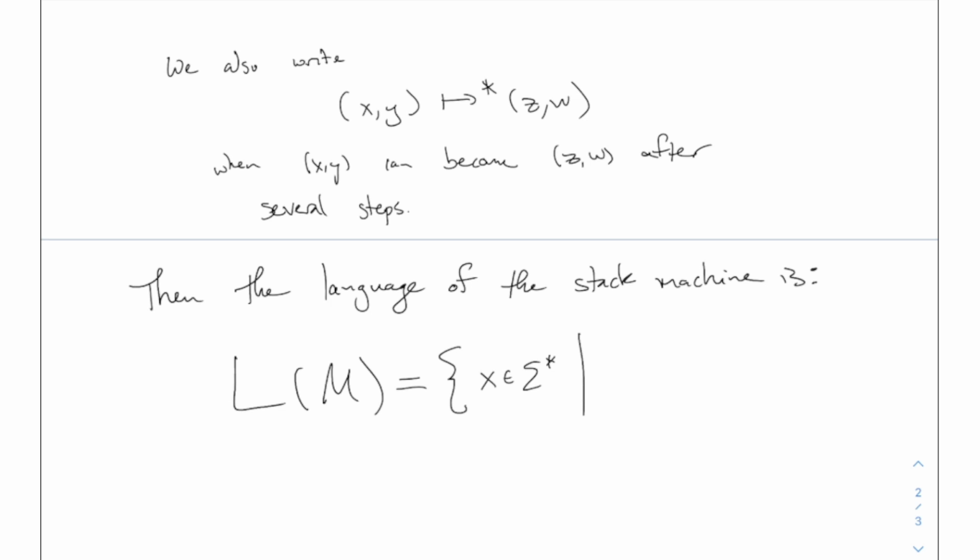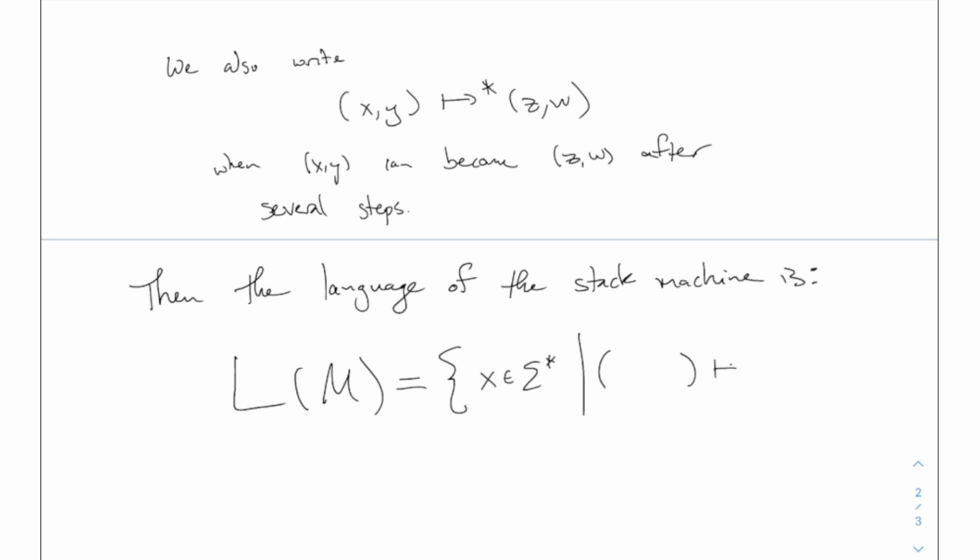Empty. You end up with empty everything, right? You read the whole string, and it ends up with empty string on the stack. I want to write that over here as you start with something, and then use this arrow right here, and eventually it becomes something else.